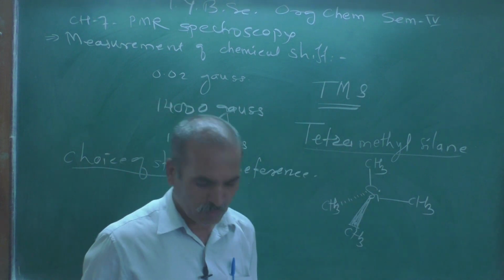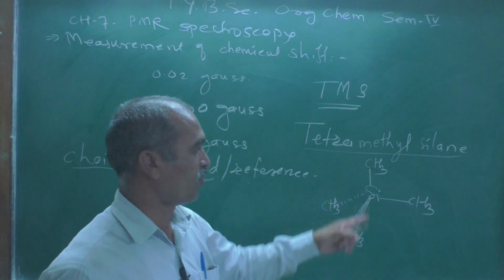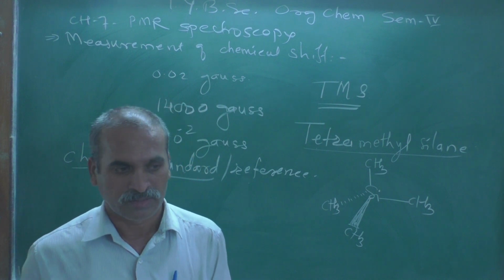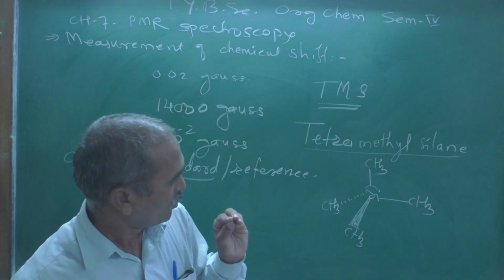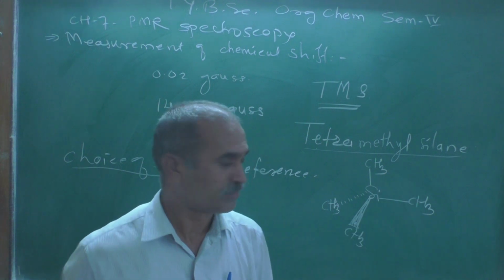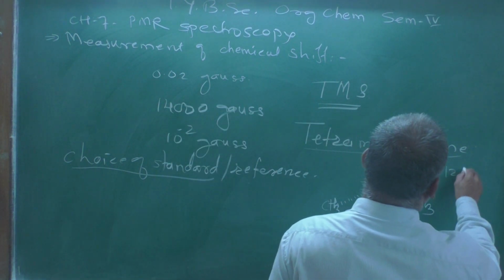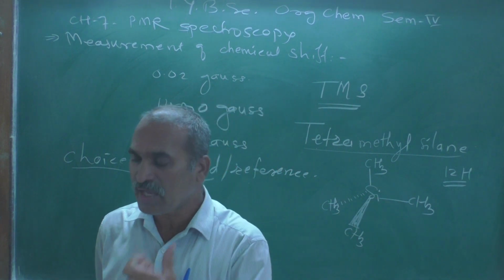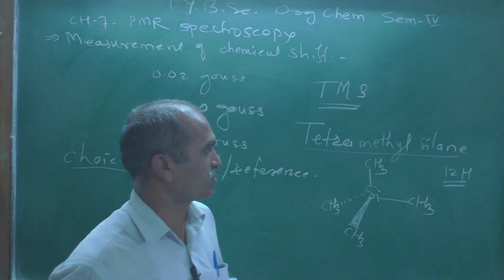There are 4 methyl groups. If you observe there, the 4 methyl groups have 12 protons, 12 hydrogen atoms, because each methyl group carries 3 hydrogen atoms.